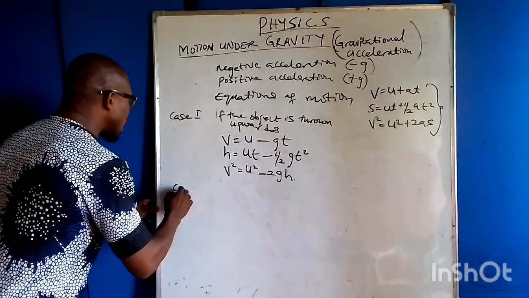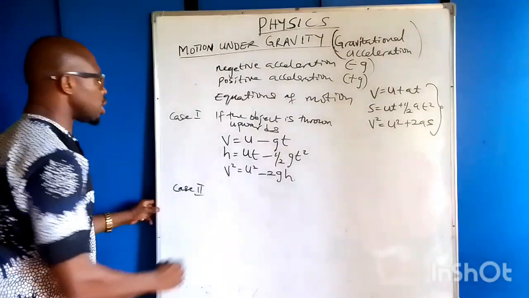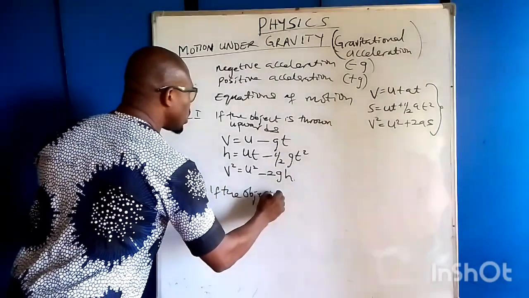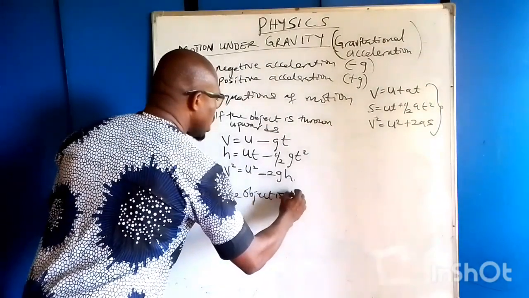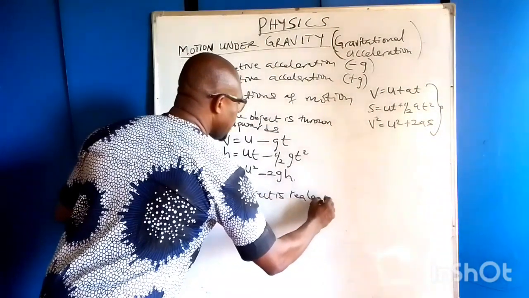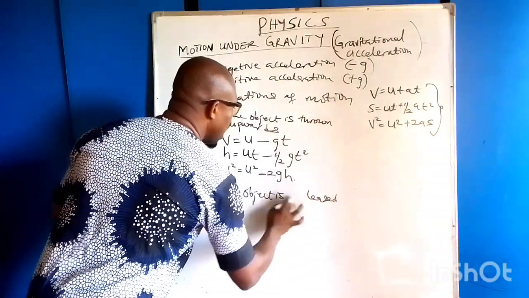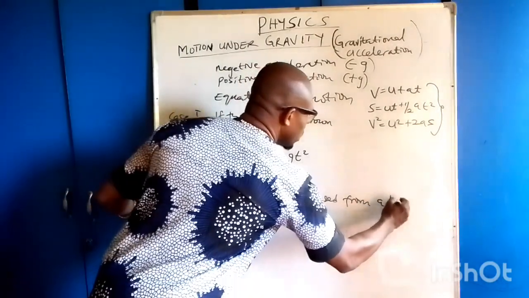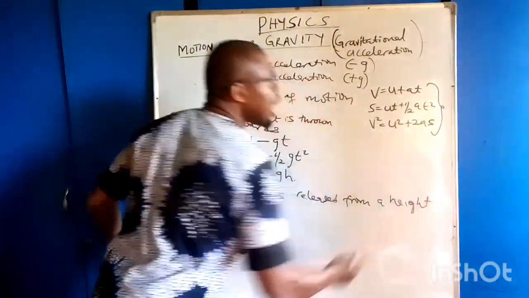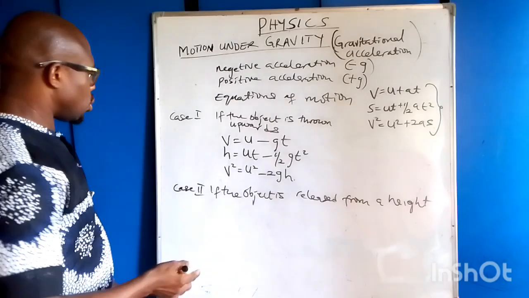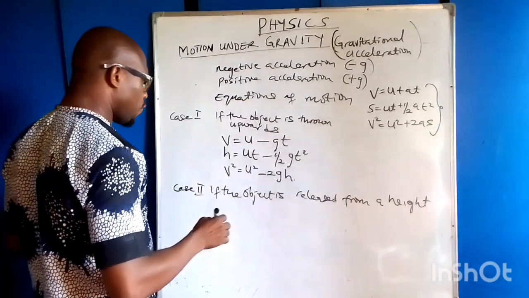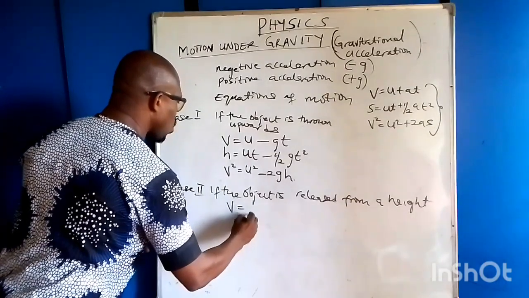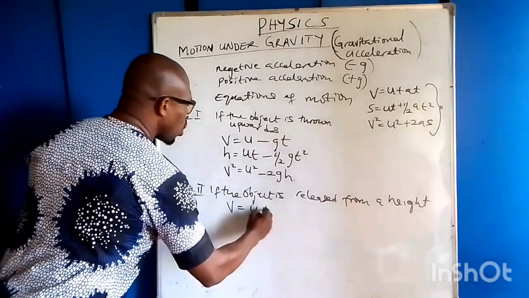Now we look at case 2. Case 2 is if the object is released from a height above the ground. The equations change to v equals u plus gt.